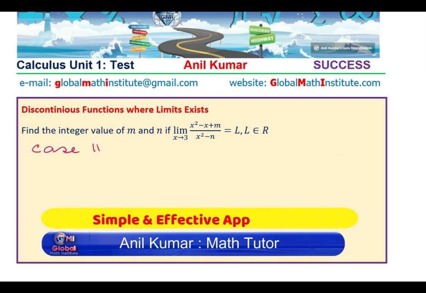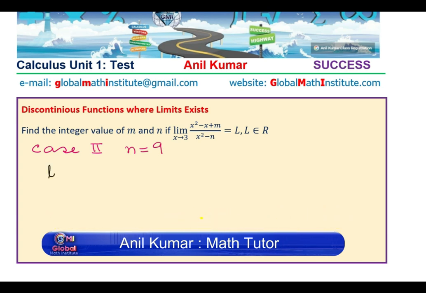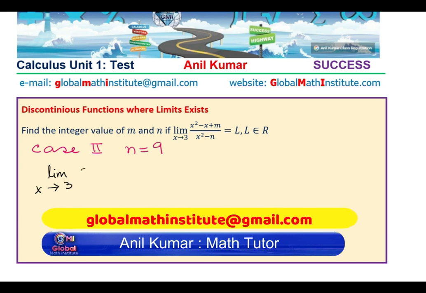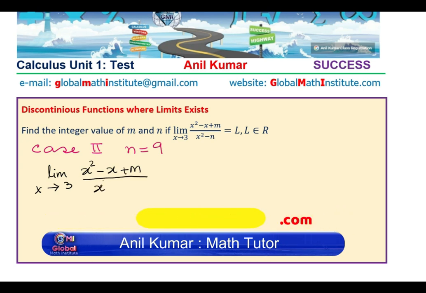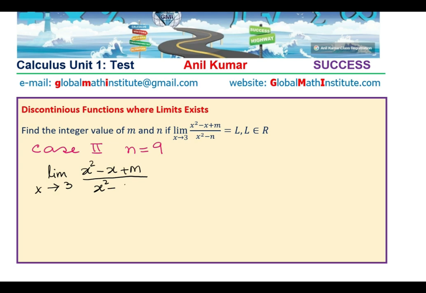So now let me write down here case 2, where we know that n is equal to 9. Let me rewrite the limit given to us as x approaches 3 of x squared minus x plus m, and we'll substitute 9 for n. As soon as you do that, you understand that the denominator can be factored.